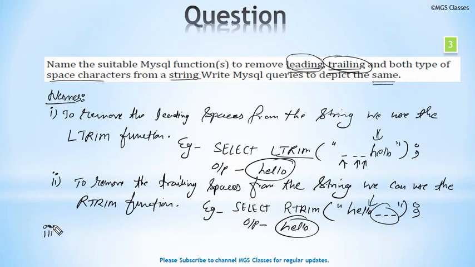Now the third function asks to remove the spaces from left and right, or leading and trailing, at the same time.